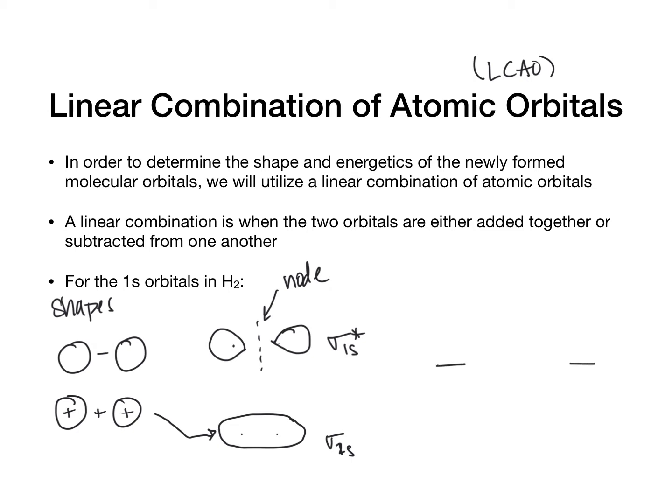If we take our two atomic orbitals for hydrogen, the 1s, and both start with one electron, adding them together gives a lower energy state, and subtracting them gives a higher energy state. The ones in the middle are molecular orbitals, and on the outside we have our atomic orbitals.